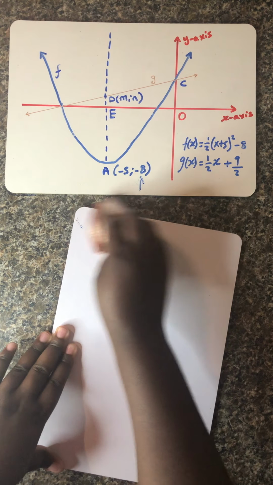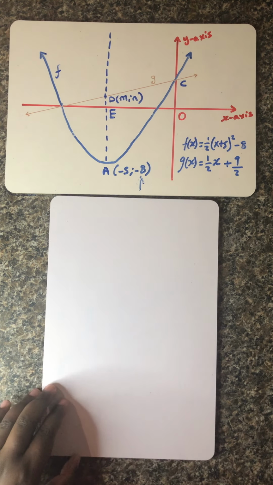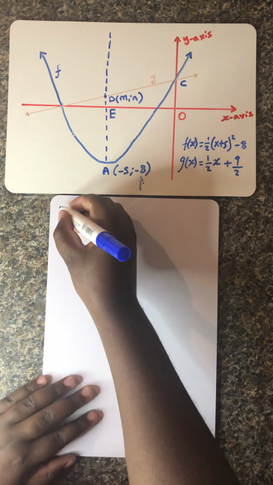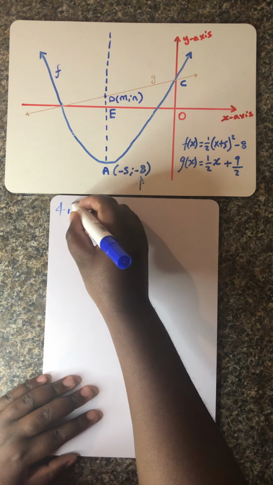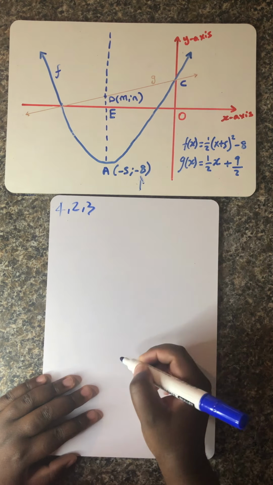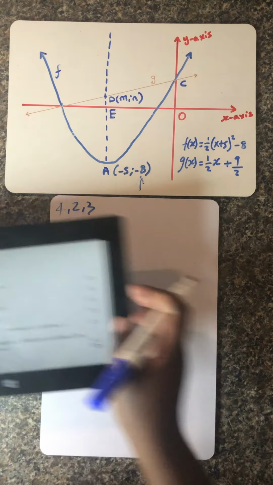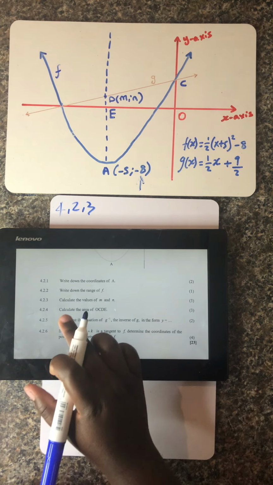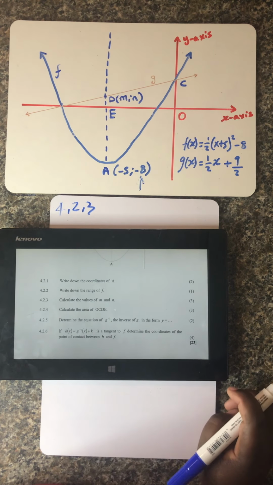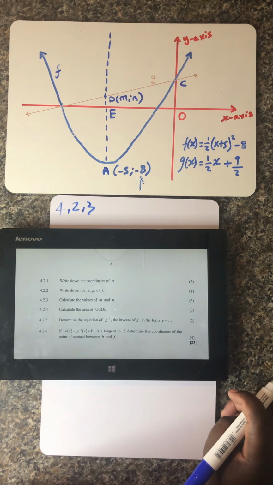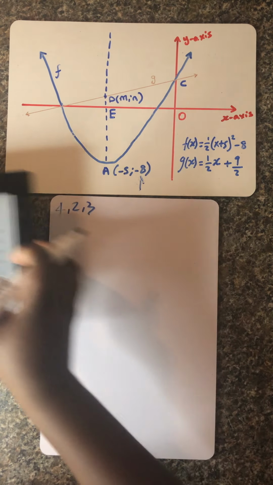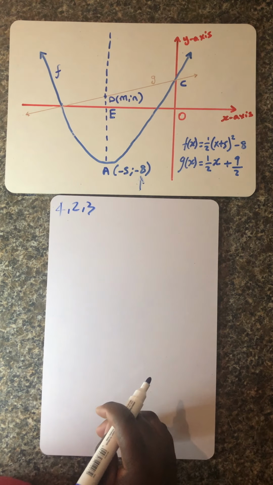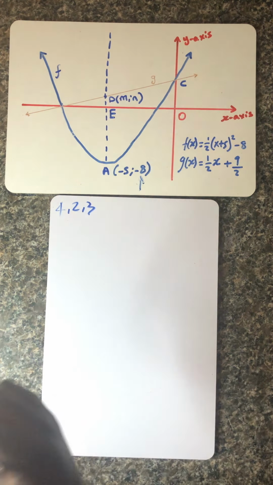Okay, so now, guys, let's move to question 4.2.3, and this question is allocated 3 marks. They say calculate the values of m and n. Guys, we have already answered this question when we were doing our analysis.